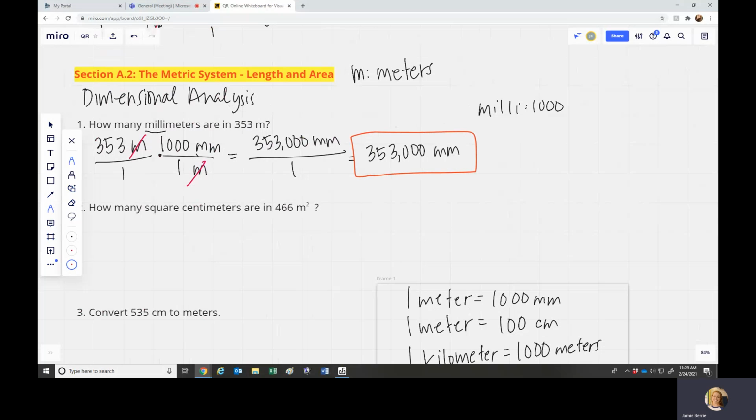So how many millimeters are in 353 meters? There are 353,000 millimeters in 353 meters.